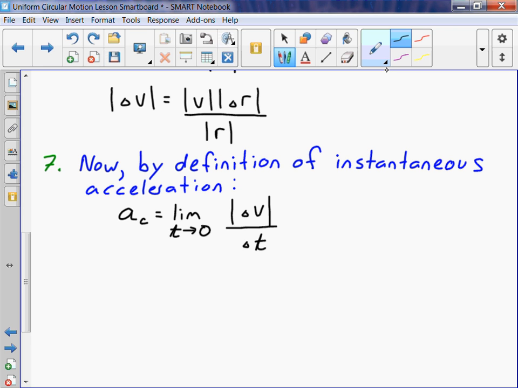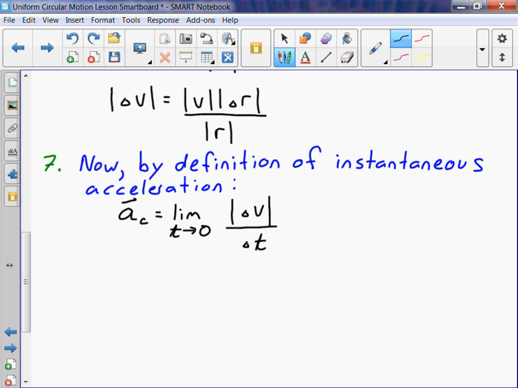So we have to say that the instantaneous acceleration, if we define it as such, is the limit as the time frame approaches very, very small of delta v divided by delta t. And where do we go from there? Yeah, so now we sub in the previous equation.